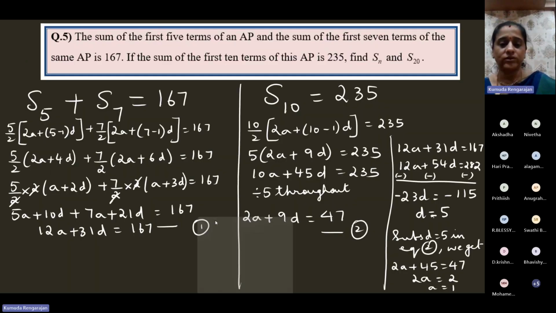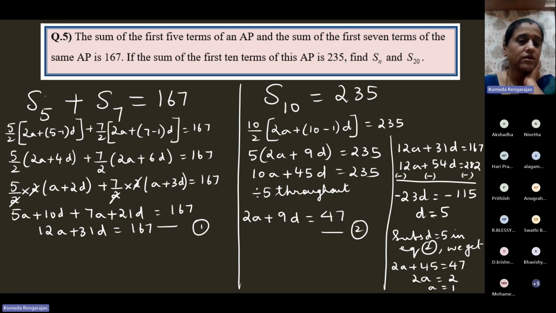This is the next one. The sum of the first 5 terms of an AP and the sum of the first 7 terms of the same AP is 167. See, it's like the cost of a notebook and the cost of a pen is 50 rupees.